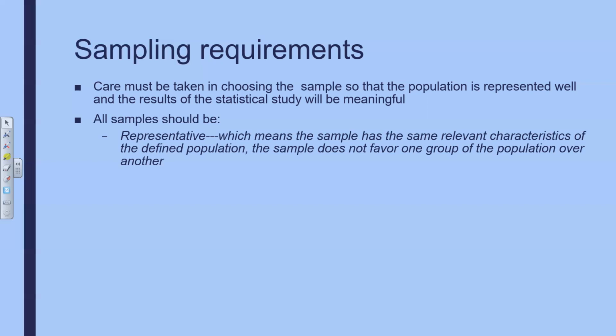Representative means that the sample has the same characteristics as the population. So if we're talking about students at Georgia Highlands College in fall semester 2022, I'm not going to go down to Kennesaw or Georgia State or Berry or Shorter and get information from those college students, because they are not students at Georgia Highlands College.